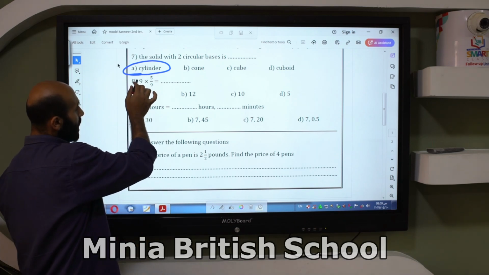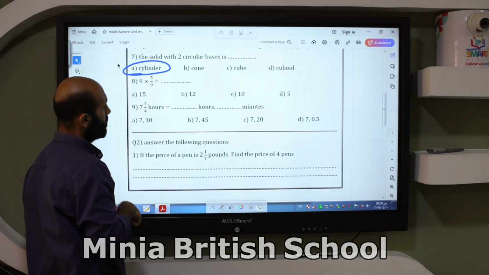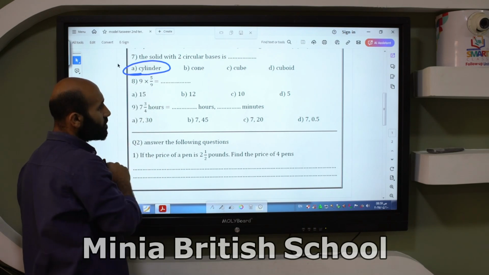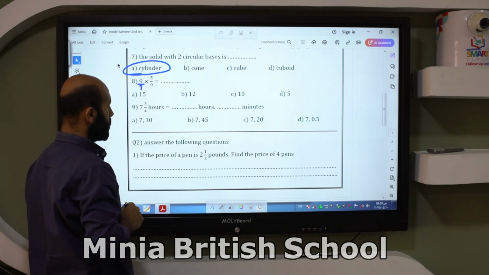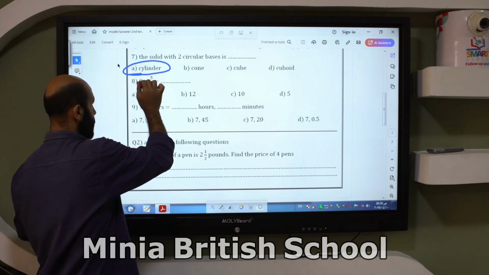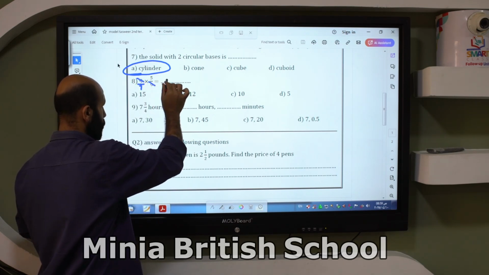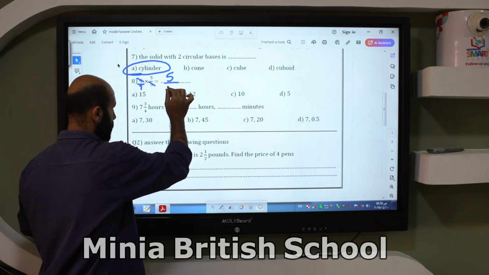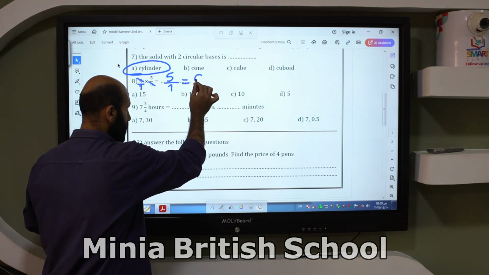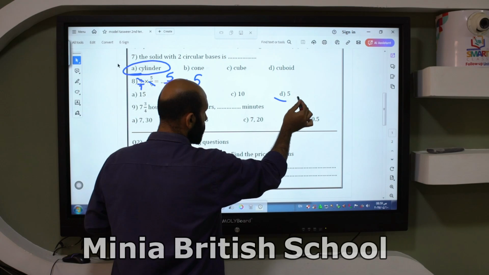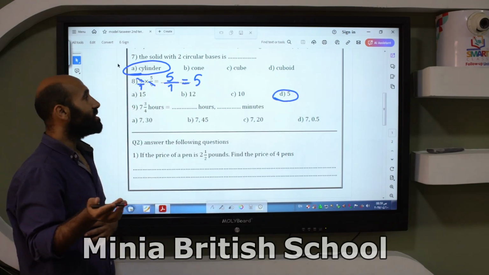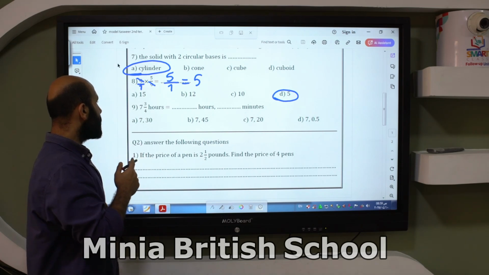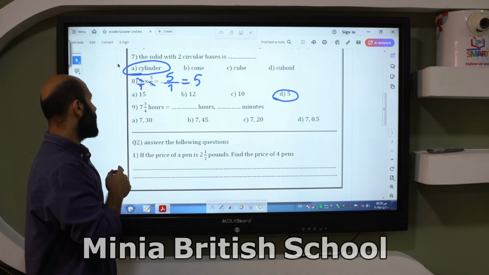I have 9 times 5 over 9. It's a whole number, so its denominator equals 1. Someone would say, I have 9 with 9, so let's cancel them and it will be 5 over 1, which equals 5. This is the right answer. Some of you will say, why not do this another way?